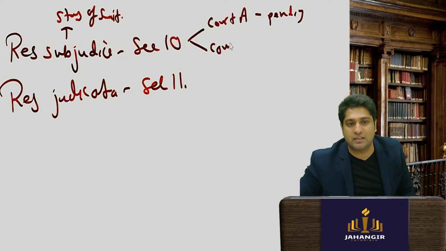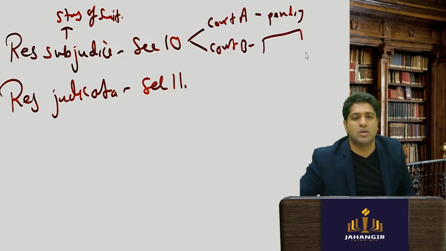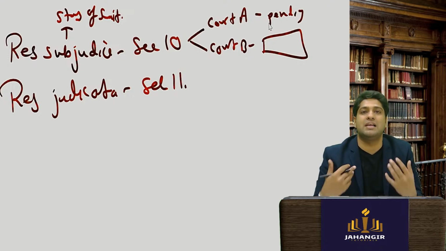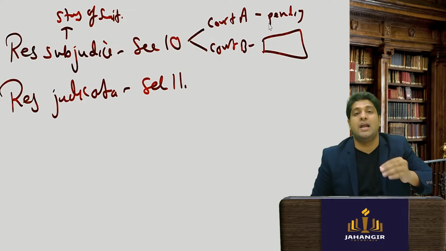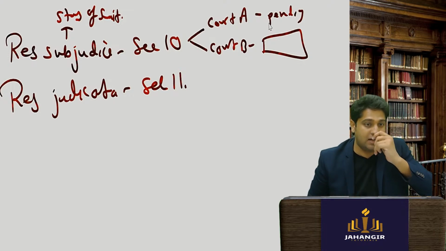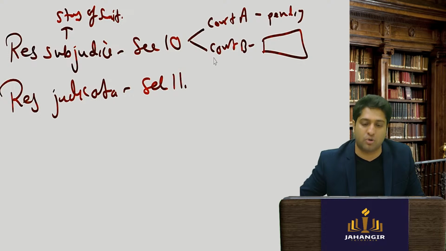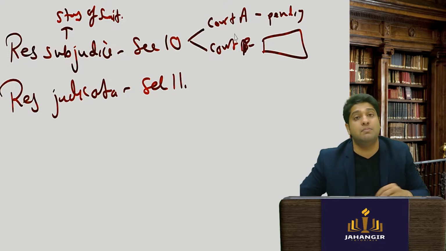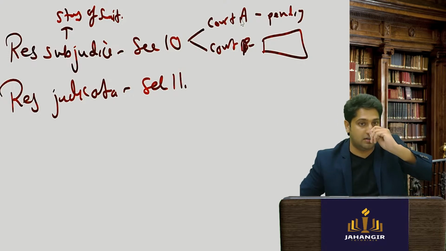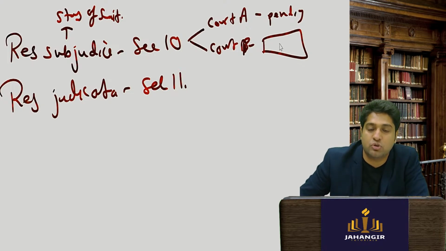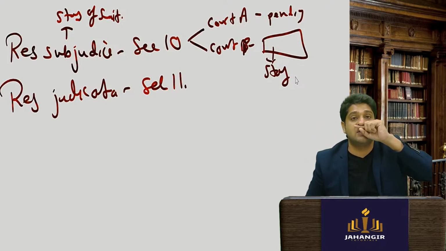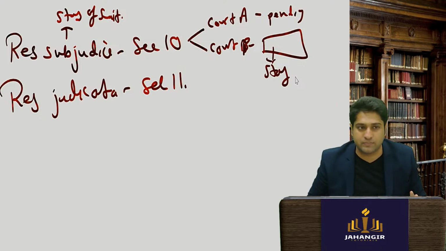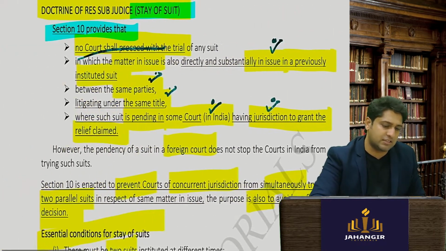Can we file the case in court B also? They'll say, what nonsense, why file multiple cases on the same matter in different courts? It will burden the court, lead to multiplicity of suits, and lead to conflict of judgments. If tomorrow you file in B, B gives one judgment and A gives another. So B should not proceed with the matter; B should stay the case. B will say, I cannot take up the matter because it is already pending in another court. That is res sub judice, such a simple little rule.